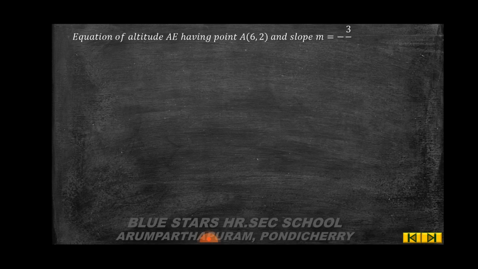Therefore, the equation of the altitude AE, having the point A (6, 2) and slope m equal to -3 by 5. If you are going to find the equation of the altitude, we have to find one slope and one point, then only we can apply the one-slope-and-one-point formula: y - y1 is equal to m into (x - x1).